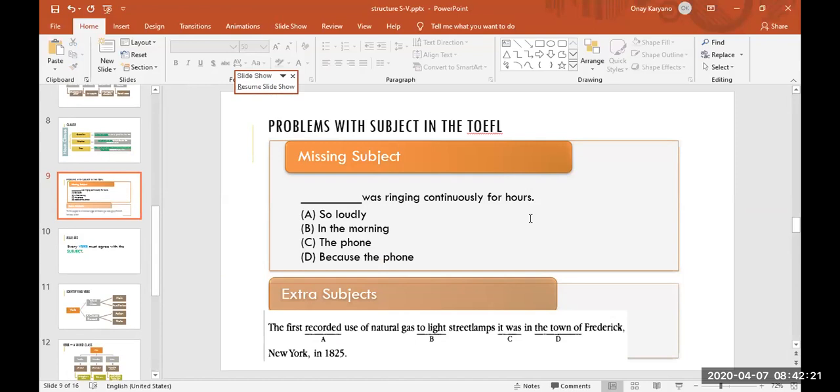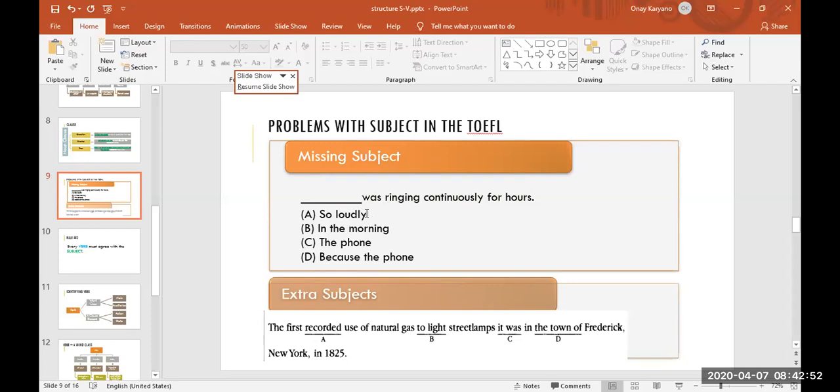Sometimes in the TOEFL test, in the structure part, you will meet this kind of problem. As you can see here, "blah blah blah was ringing continuously for hours." It means you will have to choose. As you can see, there is a verb here, so what is missing is the subject. Look at the options here. Which of these options is a real subject?